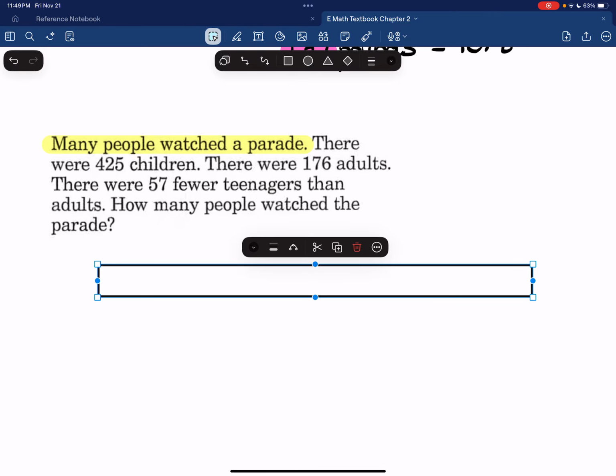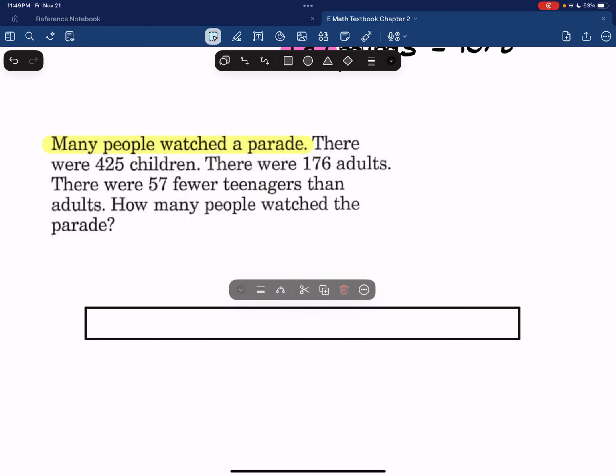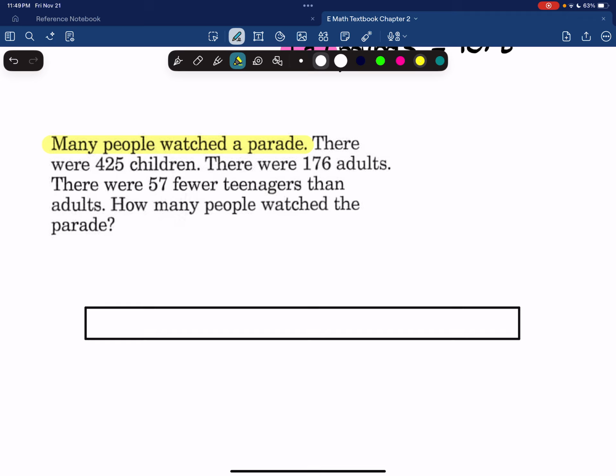At least not yet. We don't know the number in total. So this number is the unknown. We do not know the total. But they gave us the tools to find the total.